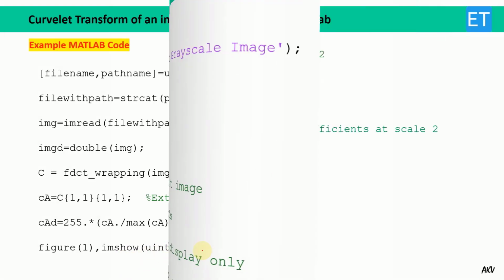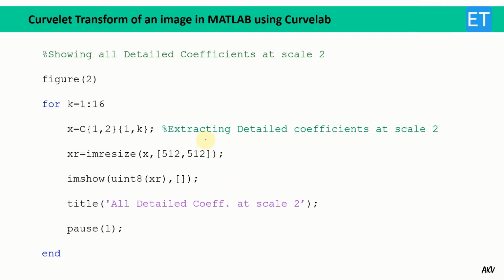In these lines of code we are extracting all the detailed coefficients at scale 2. As I said, by default there will be 16 wedges after the center square, so k from 1 to 16, and x is carrying all detailed coefficients one by one as k varies. 2 represents the second scale, so it will be 2,1, 2,2, 2,3, 2,4 until 2,16 in the last.